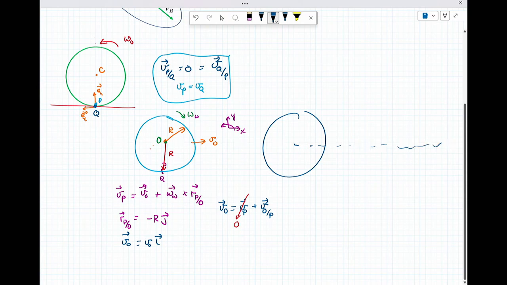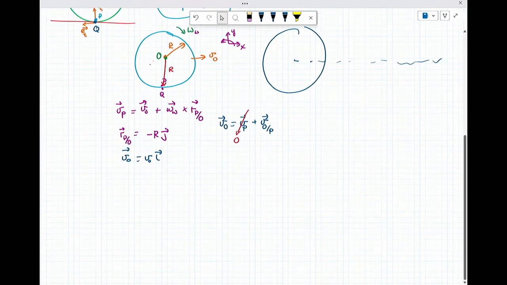It does not rotate. It doesn't move up or down. Every other point on the body will move up and down. Really close to the center, it'll sort of do this. Way from the center goes up, down, up, down.